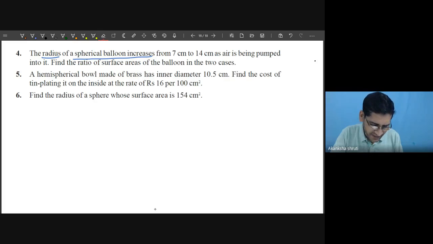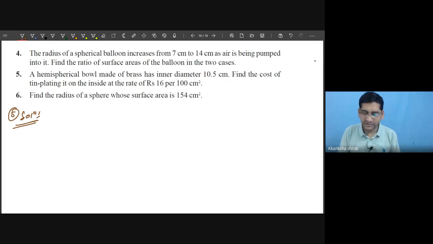A hemispherical bowl is given to you, the bowl in which you eat pulses and other things. First draw the figure.